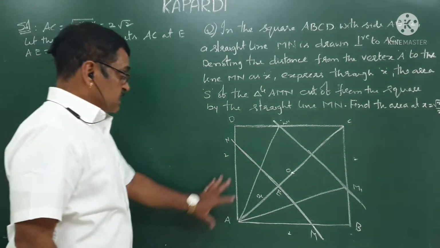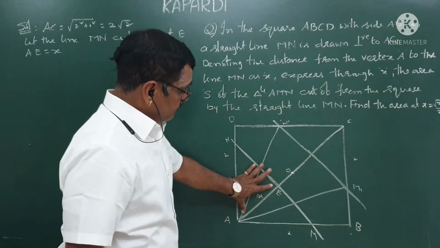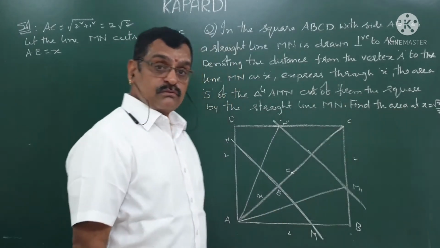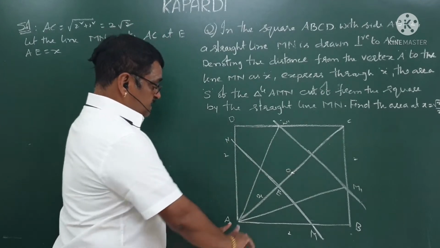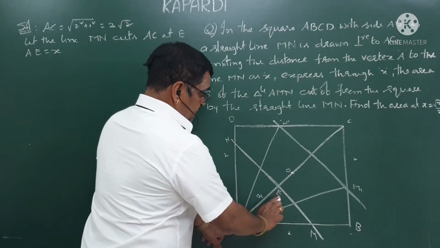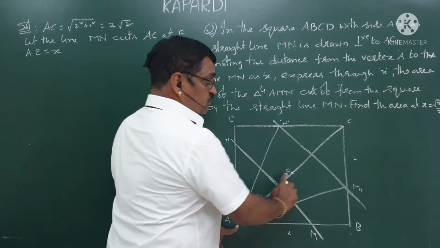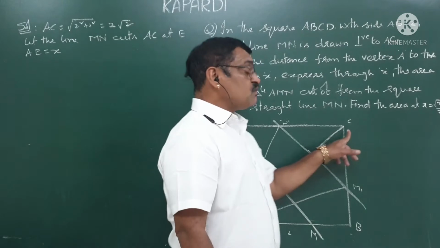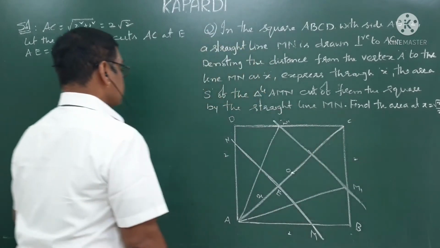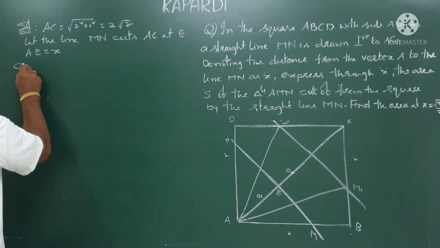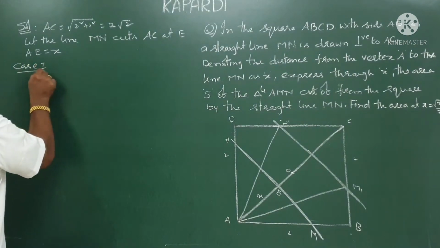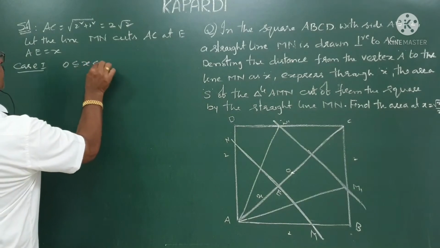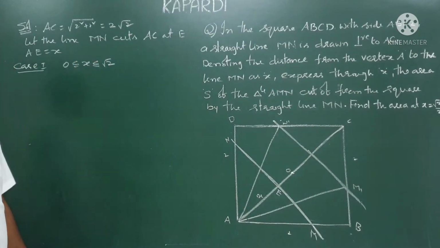Here my AE can be less than AO or more than AO. Less than AO means this AE distance will be between 0 and root 2. If it is more than that, it is between root 2 and 2 root 2. So, two cases. Case 1: 0 less than or equal to x less than or equal to root 2.